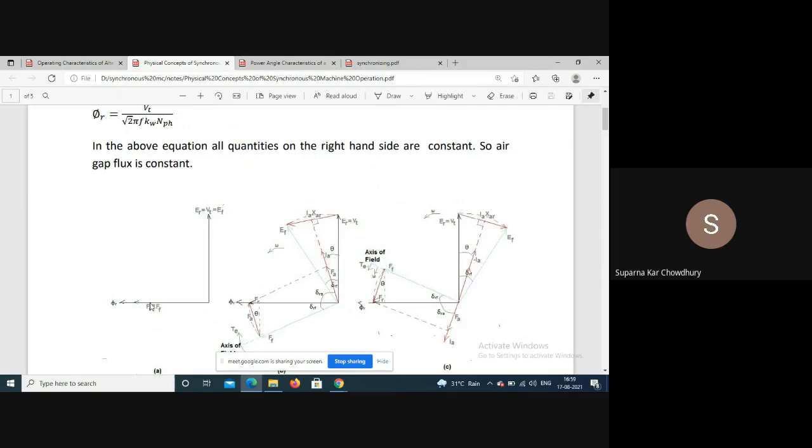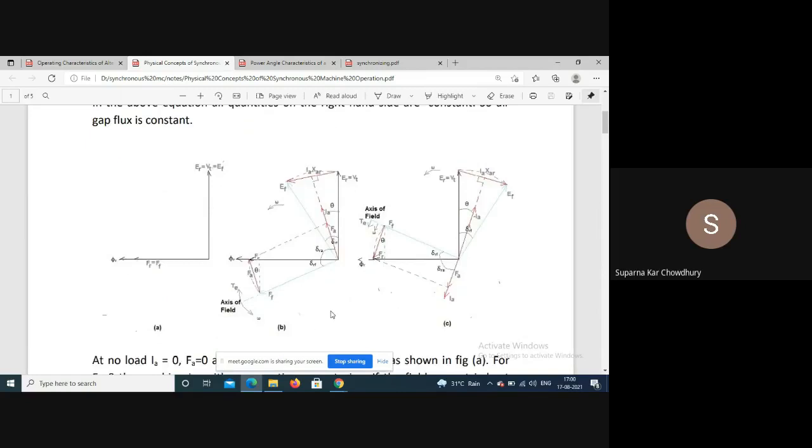So the resultant air gap mmf creates the resultant flux phi R, which induces the air gap emf ER, and EF is the same for the no load condition. So this is the voltage. ER is equal to Vt is equal to EF. We have neglected the drop. So Vt is equal to ER, and for no load condition, ER is equal to EF. Now what happens?